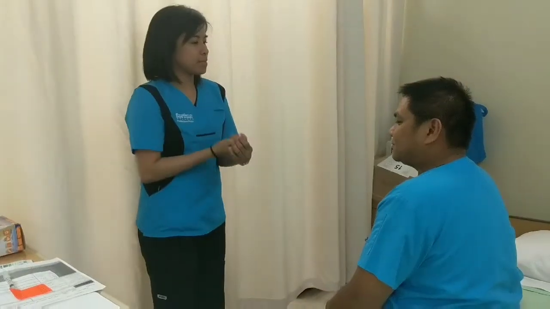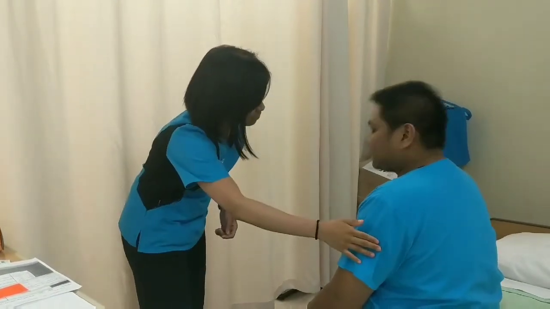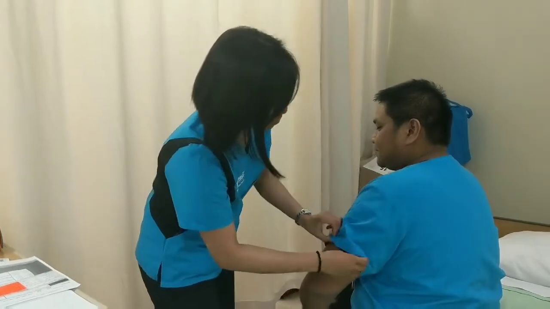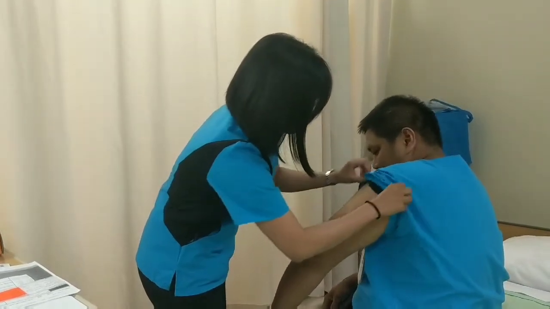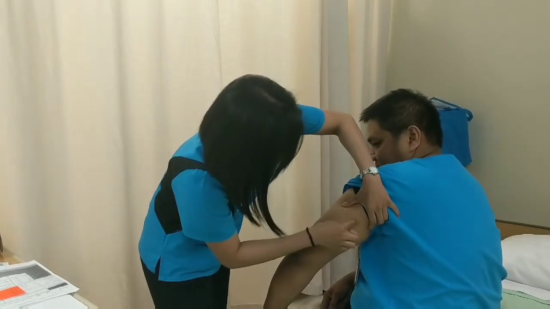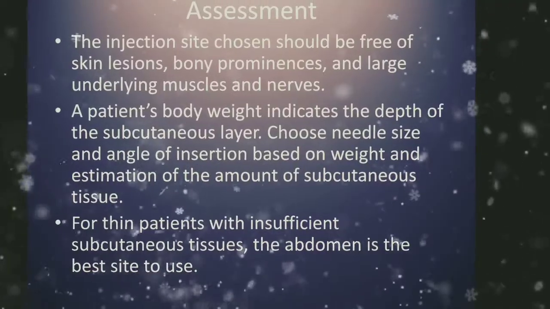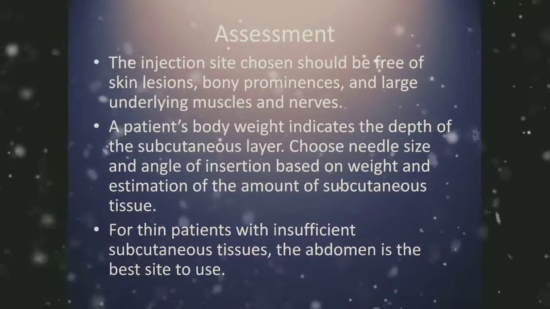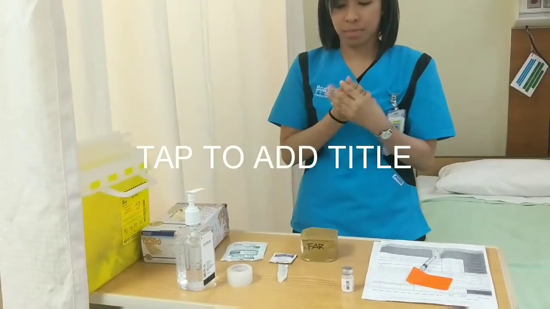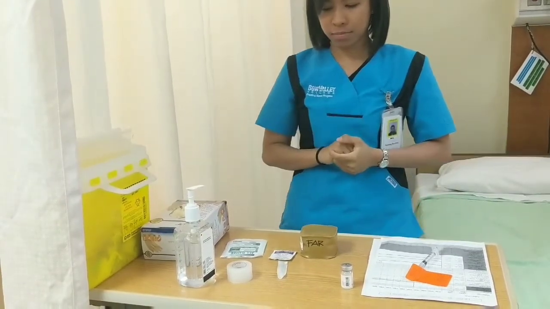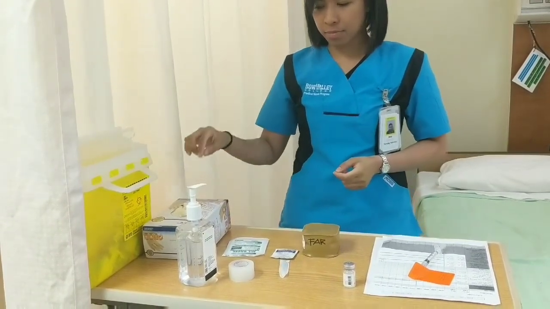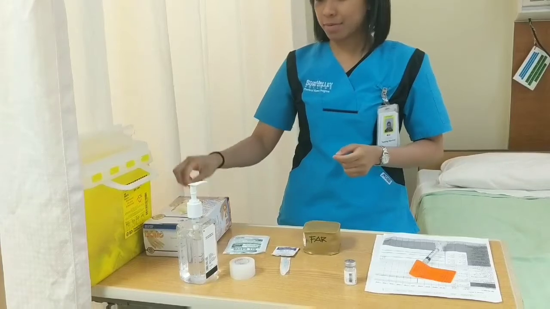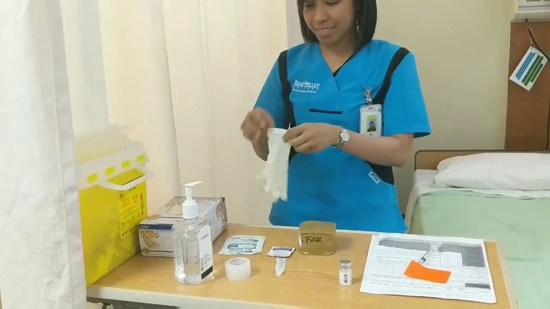After ensuring the third check, you may now locate the injection site. After locating and assessing the site, do hand hygiene and wear gloves to disinfect the injection site with alcohol wipes.